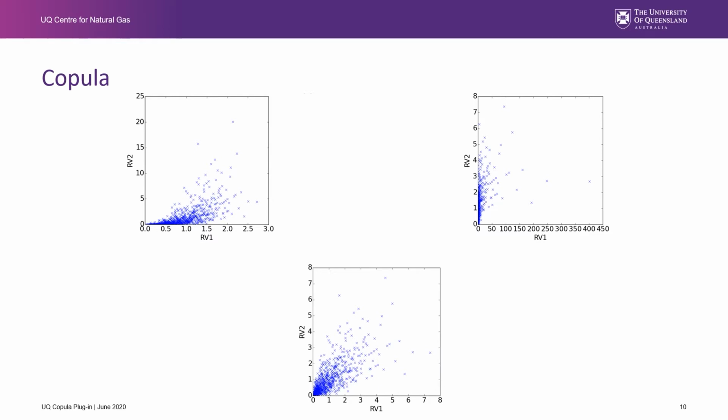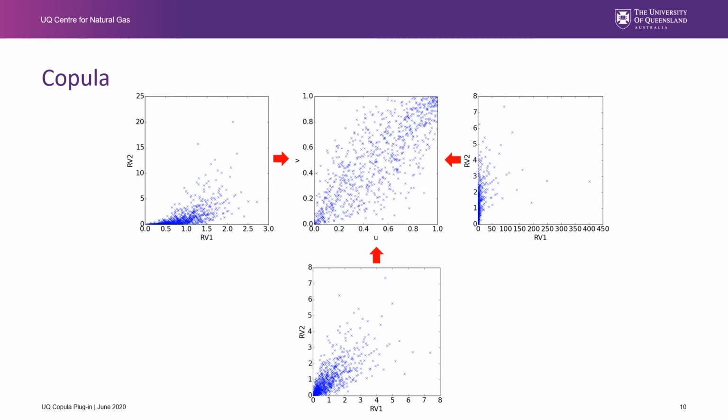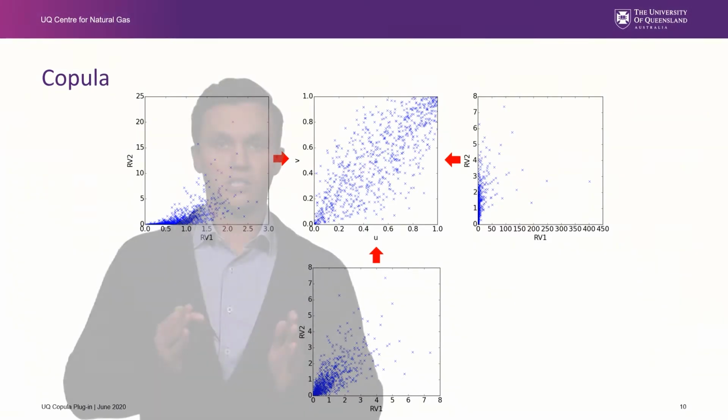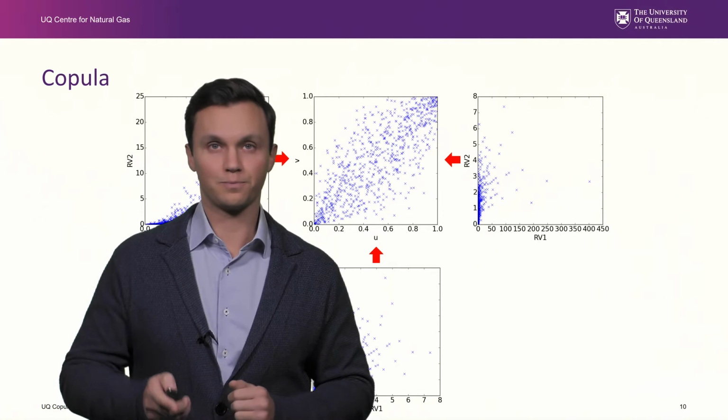But if we look at the actual underlying dependence of those values, then all those 3 scatter plots result in the exact same copula. So that means the copula is able to remove the influence of the actual values and represents the pure dependence structure, the order of those values.